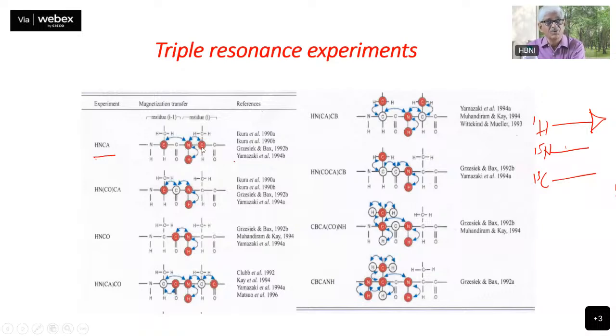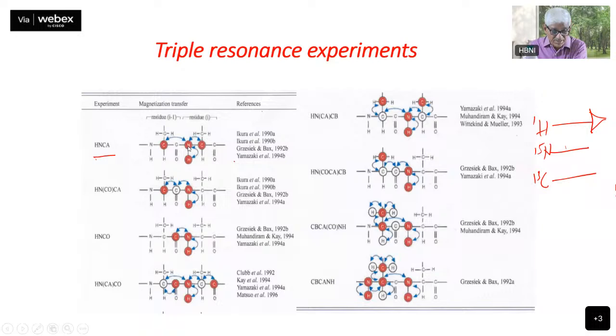Then you do carbon incrementation; this is the T2 time period. After that you transfer back to the nitrogen, from both of them, and from that nitrogen you transfer back to the proton and collect the data as proton. So this is called out and return. It goes out and comes back. That is the strategy here.